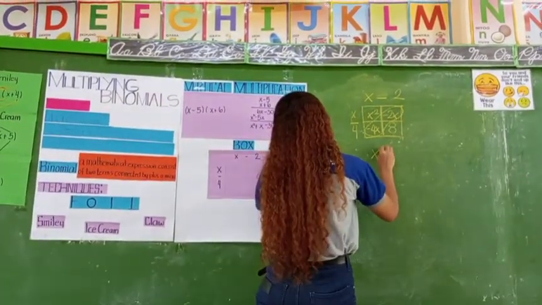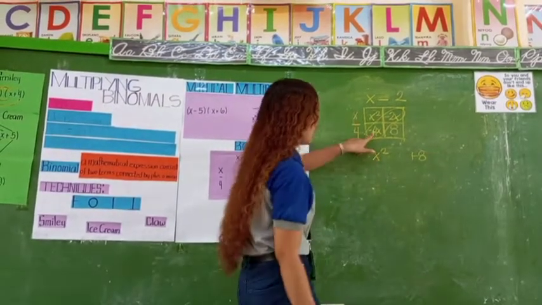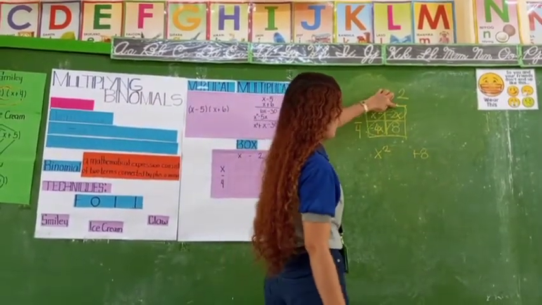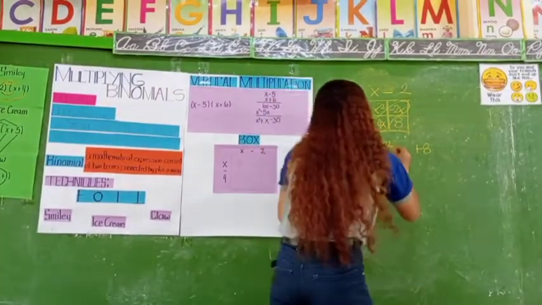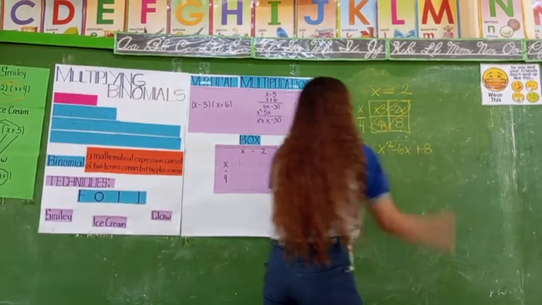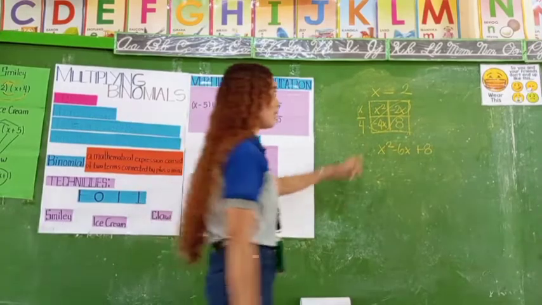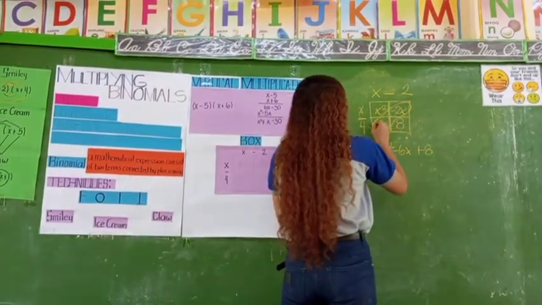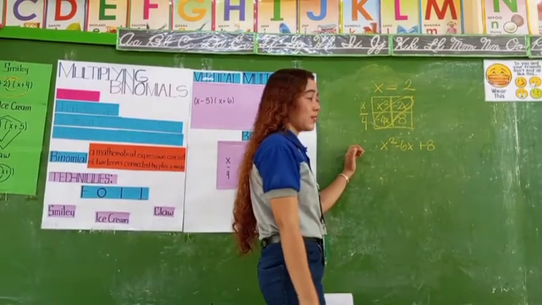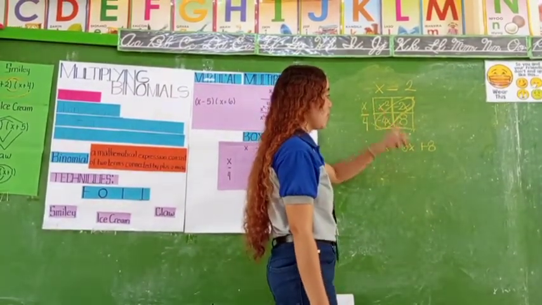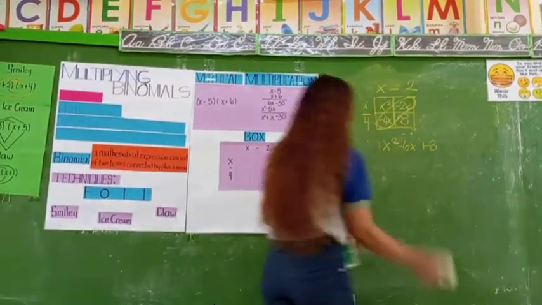Negative 2x plus negative 4x will be, yes, negative 6x. Nagets ba? Ito lang yung ating isusolve. This one. This one only. Kasi sila naman yung may like terms. Yung x squared and then 8, i-rewrite na lang natin siya. Okay. Gets ba?